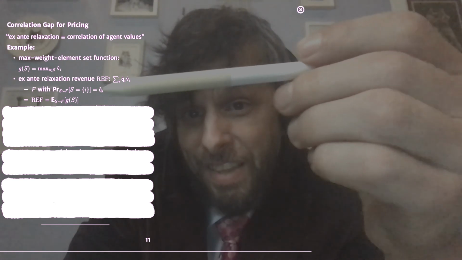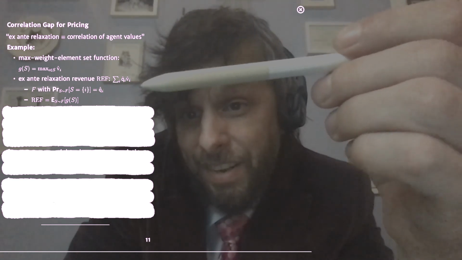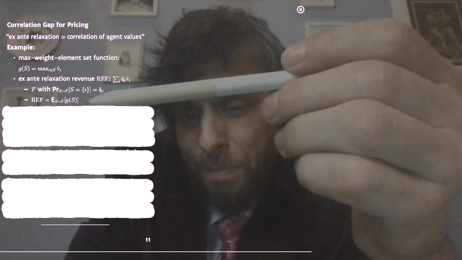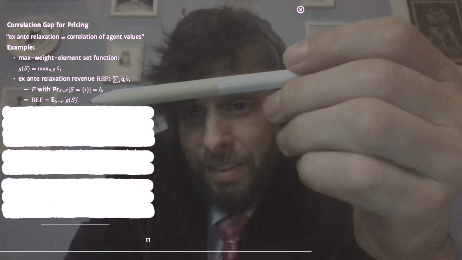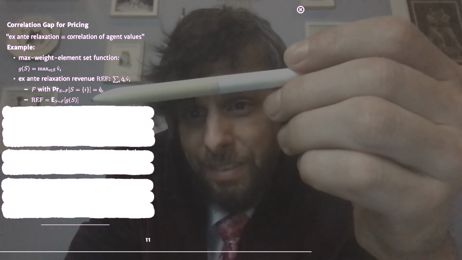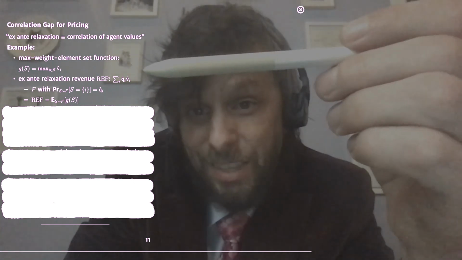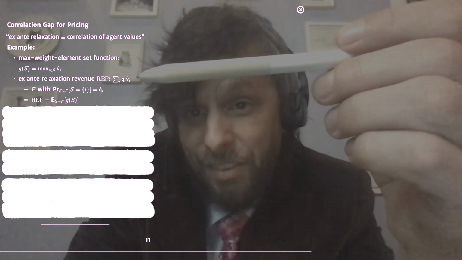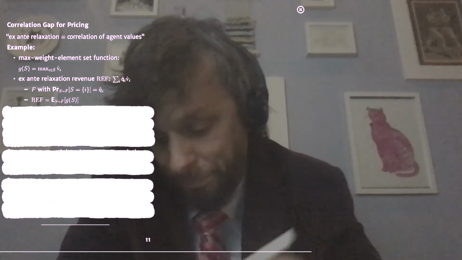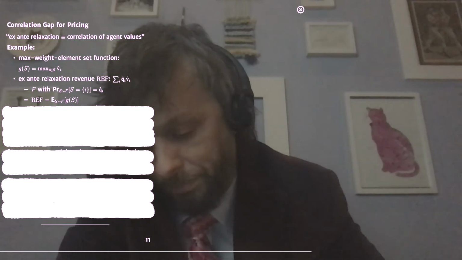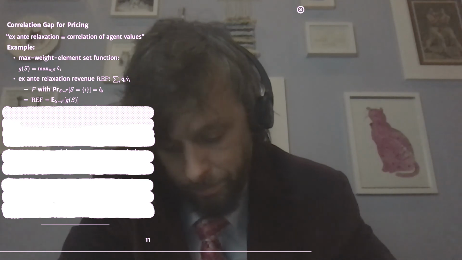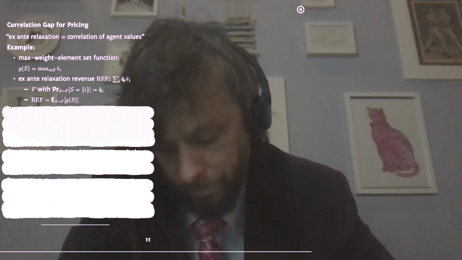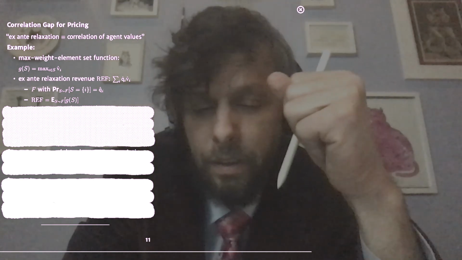When the element is i, I get just v i hat. So this expected max over the max weight element set function is exactly equal to the ex-ante relaxation revenue.